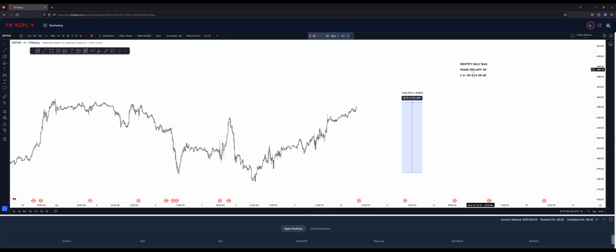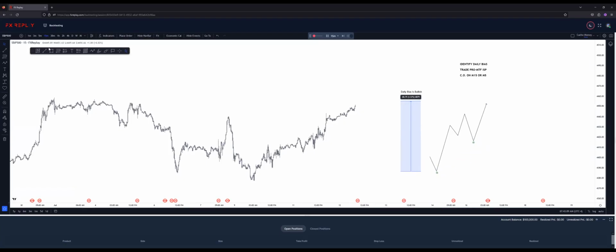Okay, so we're going to make sure that MTF ISPs are bullish, like so. So we're going to map out ISPs. So you got ISP, right? We got an FEG in here, like so.